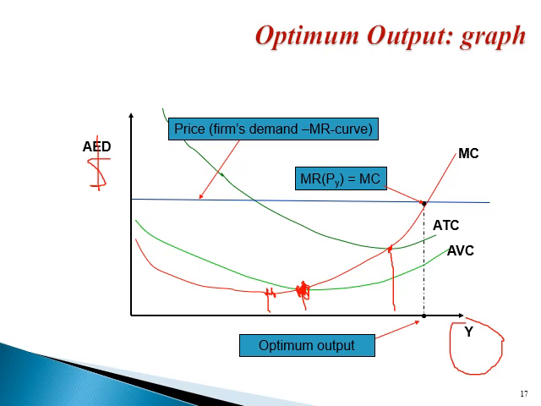It is the portion of the marginal cost curve from the minimum of average variable cost all the way up. This is the supply curve of the firm, and we will explain what the supply curve of the firm is.